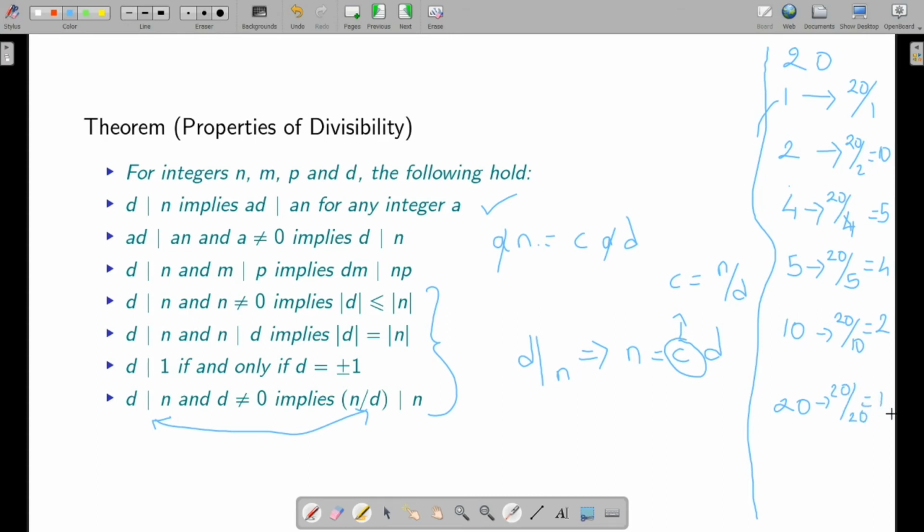Can someone observe and tell me what has happened to the numbers? Here you had divisors 1, 2, 4, 5, 10, 20, and now you have 20, 10, 5, 4, 2, 1. What has happened?